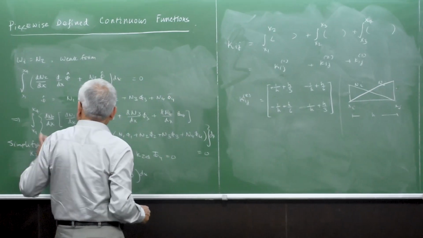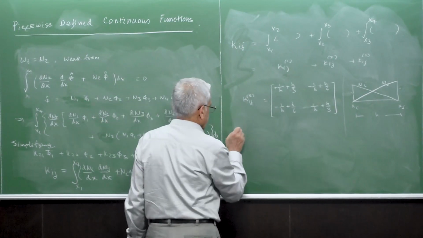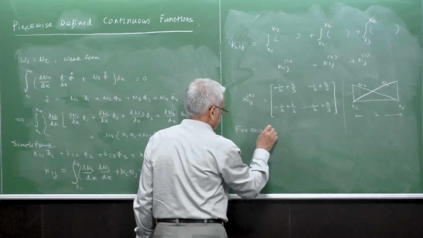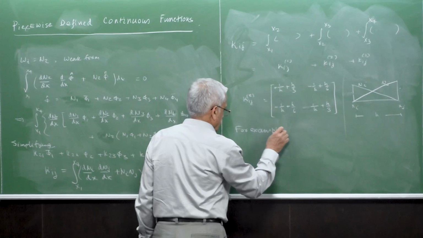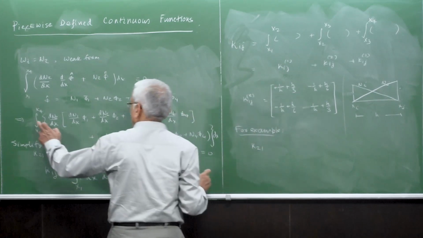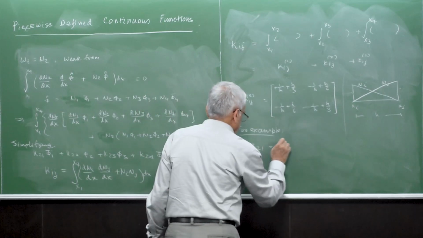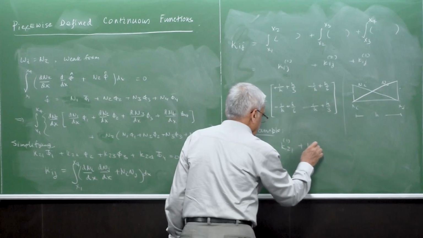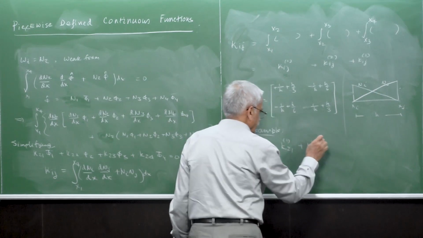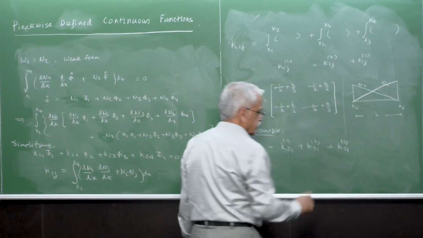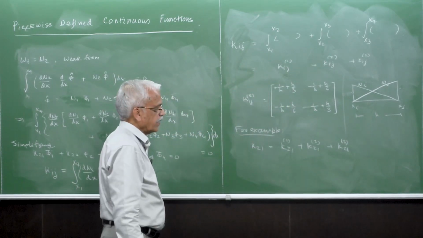So now let's look at K21, for example. Let's look at K21 here for this one, which is a sum of 3 zones here, right?